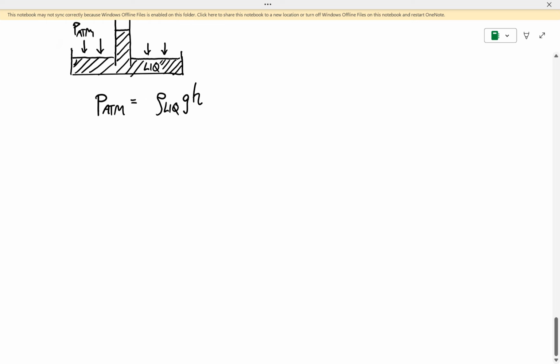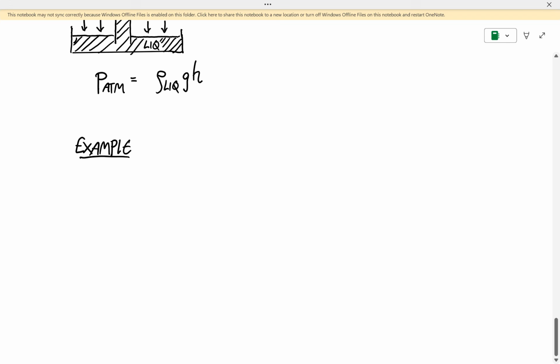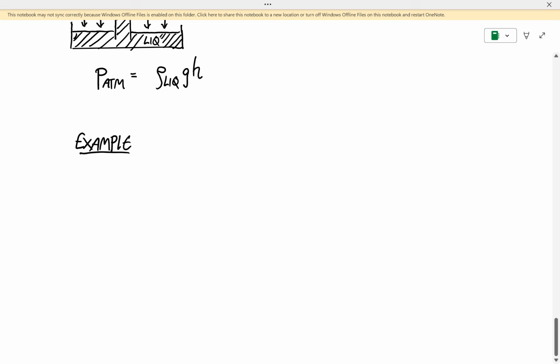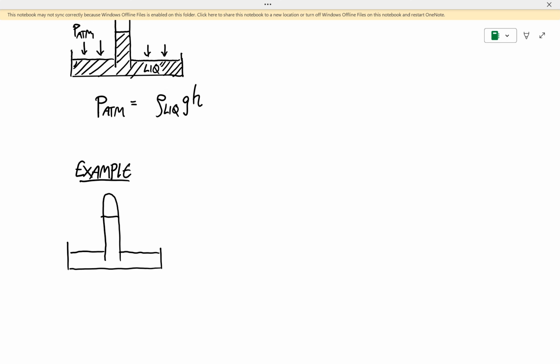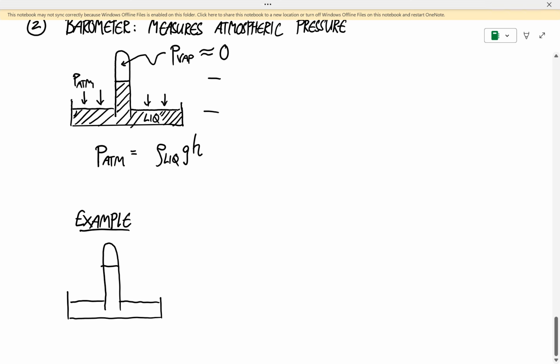Okay, let's do one example problem with a barometer. Here's our setup. I didn't draw what h is, but maybe you can imagine it would be the difference in the two heights of the liquid.